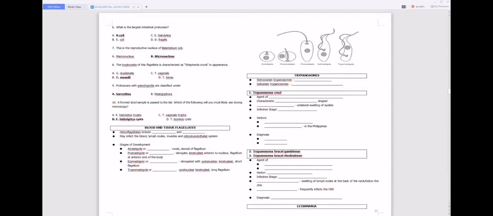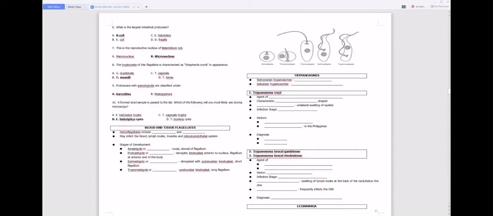So most likely, you will see cystic forms of the protozoans. So, hindi siya letter A because trophozoite siya, diba? And letter C, T. vaginalis trophozoite. So trophozoite and T. vaginalis, it does not use stool samples, diba? As diagnostic specimens.